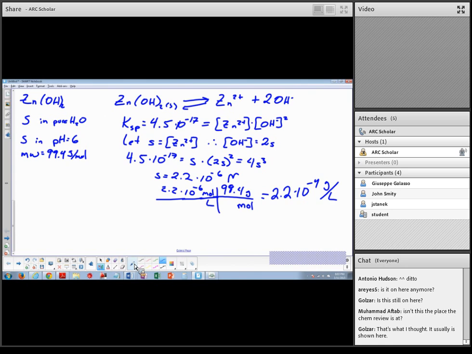So we're talking about in just pure water, that's in 1 liter of pure water, we can only dissolve 2.2 times 10 to the minus 4 grams of zinc hydroxide.